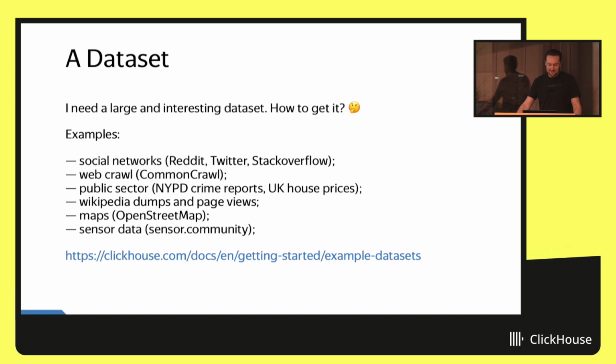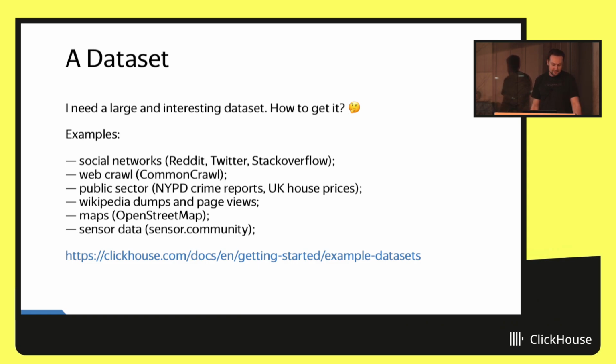Stack Overflow provides official data dumps. You can load web crawls like Common Crawl into ClickHouse and make your own version of Google. It is possible. There are some databases from the public sector, like from the New York Police Department. I'm not sure if it will be available for a long time, so hurry up, download it, and you will be able to do something.